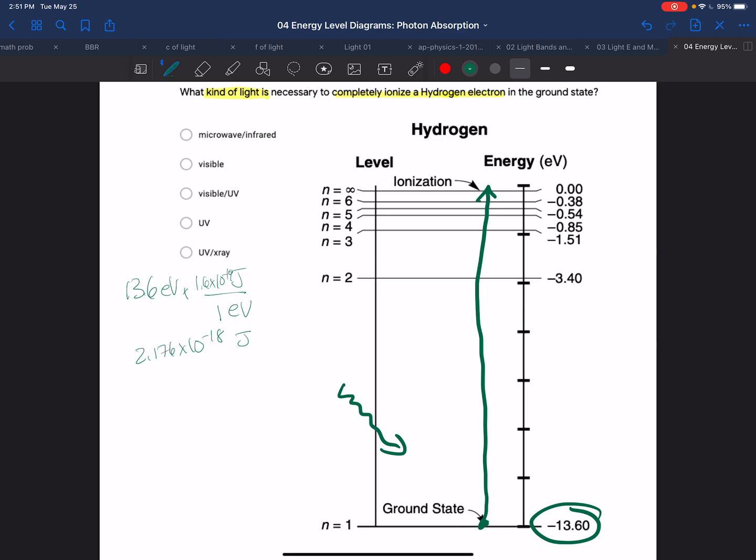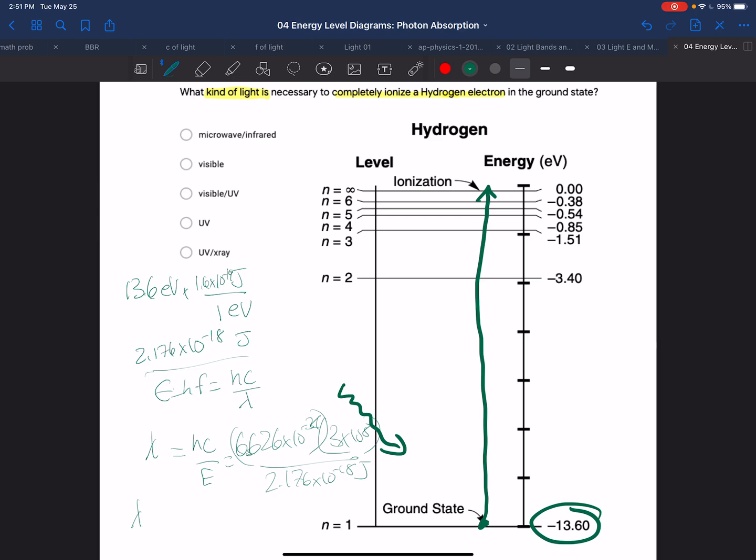And we are looking for the wavelength. So if E equals hf equals hc over lambda, then lambda, the wavelength, equals hc over E. So that is 6.626 times 10 to the minus 34th, all times 3 times 10 to the 8th, all over this answer, which was 2.176 times 10 to the minus 18th joules.